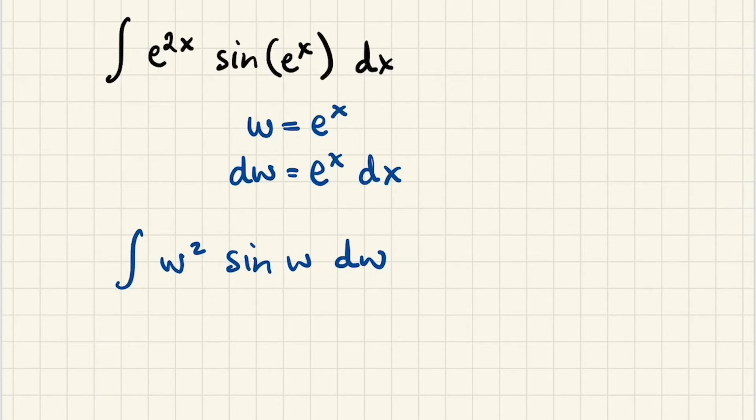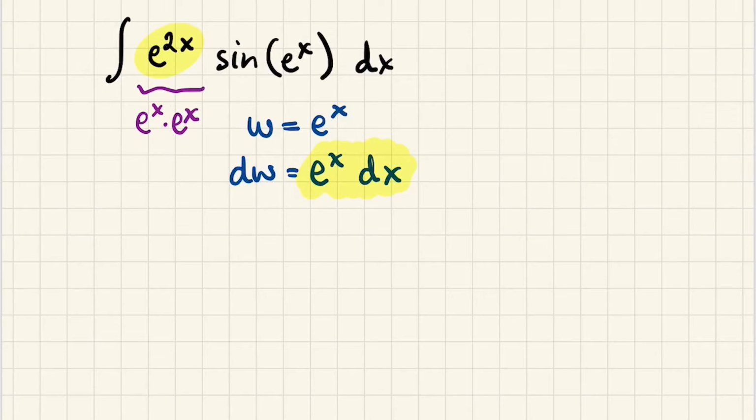The issue here is that dw is e to the x dx, which means that one of the e to the x's here, remember there are 2 of them, this is e to the x times e to the x, and one of them gets reserved with the dx and becomes dw. The other one survives.